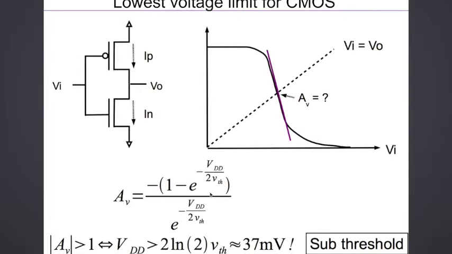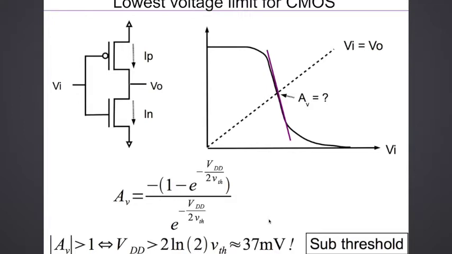There is no channel length, no oxide thickness, no doping. So it's a very general expression, applicable to any technology node. The constraint is that the supply voltage has to be at least this much, which if you calculate is about 37 millivolts.